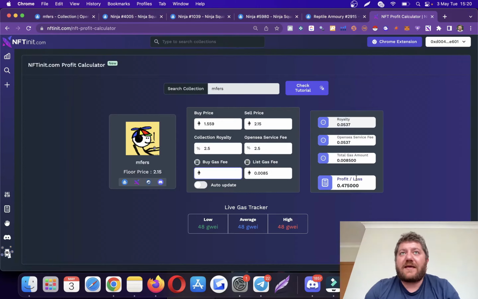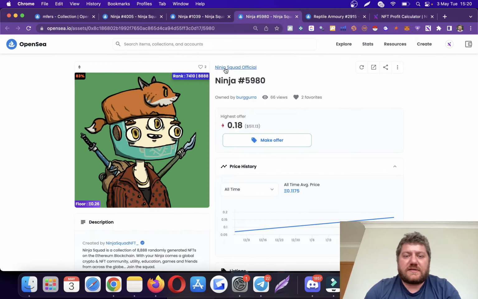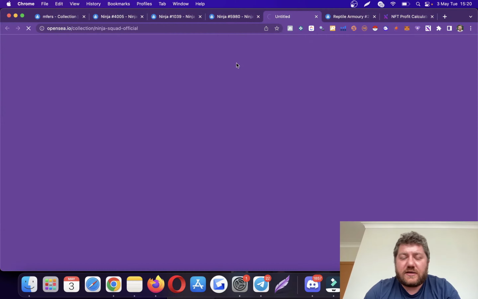That's the good thing with bidding. You can make bids equal to 1,000 times of your VAT balance. Here it might get a little bit complicated. When you are making a purchase on OpenSea, what you use is your Ethereum, right? So let's go to, for instance, the Ninja Squad collection.